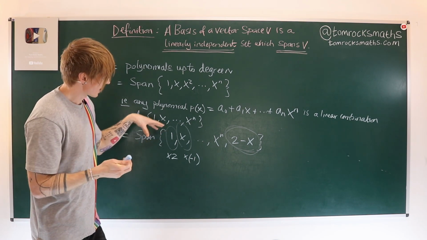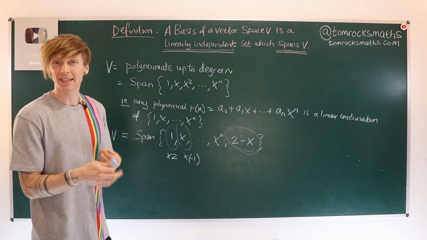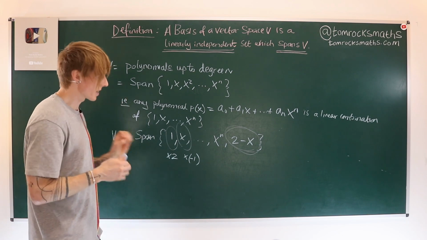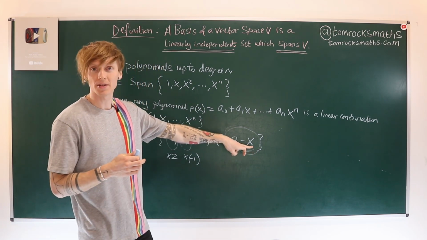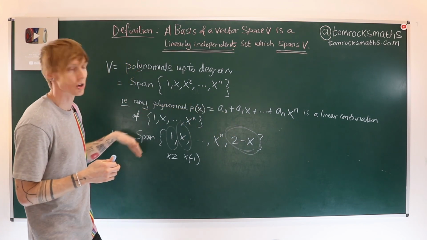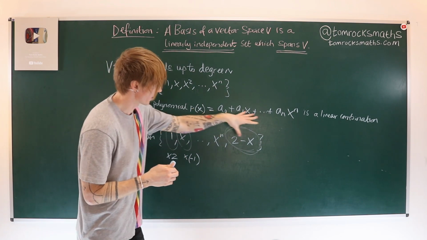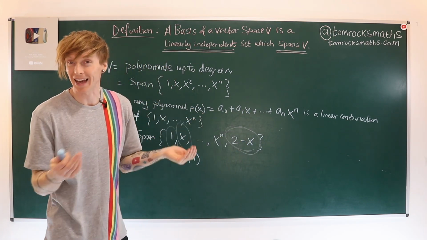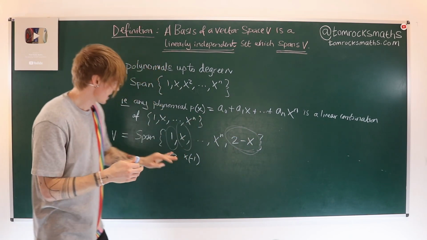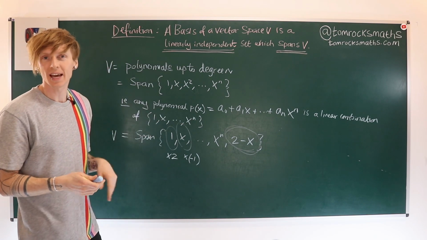So we would say that this set here is in fact linearly dependent precisely because I can rewrite one of the elements in terms of a combination of some of the others. So here, the final element, 2 minus x, is 2 lots of the first minus 1 lot of the second.